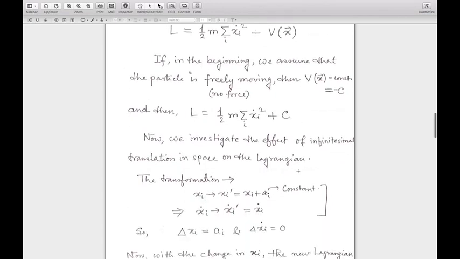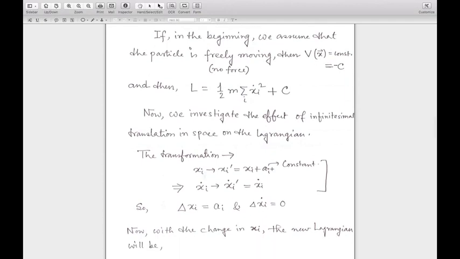Now if we investigate the effect of infinitesimal translation in space on the Lagrangian, then we will see what will be the corresponding conserved quantity using Noether's theorem. Now we know that infinitesimal translation is of course an infinitesimal additive type of transformation.